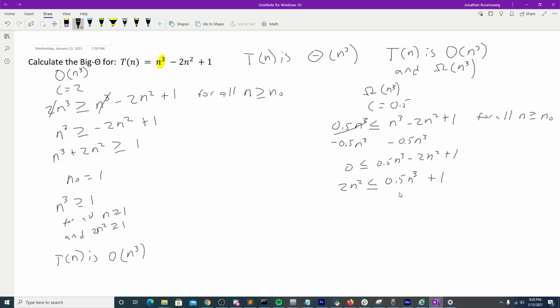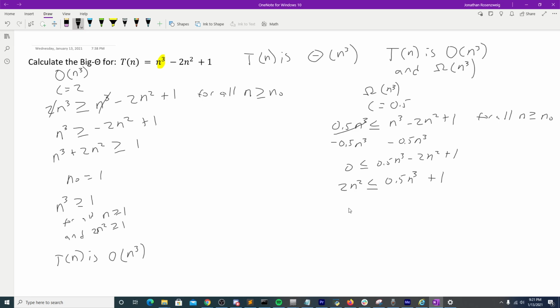And so what I was mentioning before about some equations being difficult to solve, if you notice this expression, it's kind of not obvious how to solve it, but if we remove the 1 over here, it becomes very simple to see which n naught would work. So what we're going to do in this case is, if we prove that 0.5 n cubed is greater than 2n squared, then we will also know that 0.5 n cubed plus 1 is greater than 2n squared, because we know that 0.5 n cubed plus 1 is greater than 0.5 n cubed.